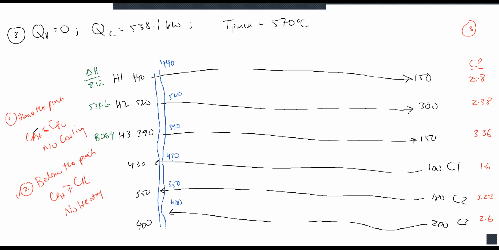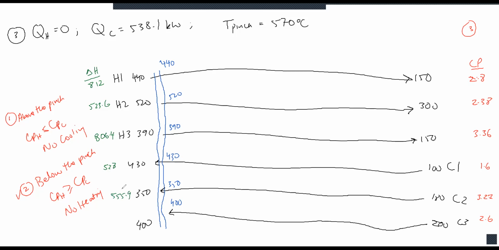For C1, it's 430 minus 100 multiplied by 1.6, so it's 528. For C2, it's 350 minus 180 multiplied by 3.27, so this is 555.9.